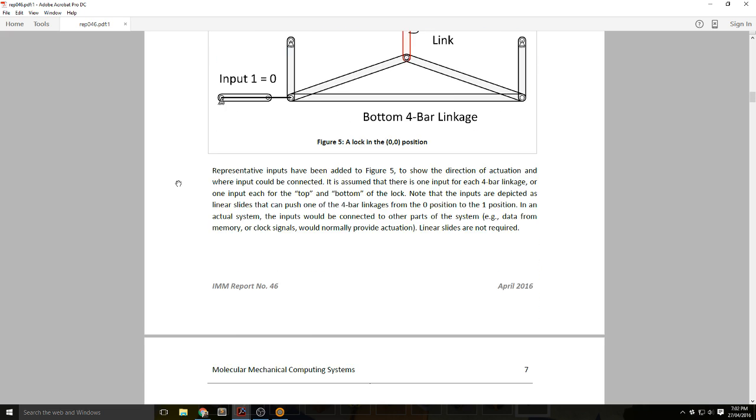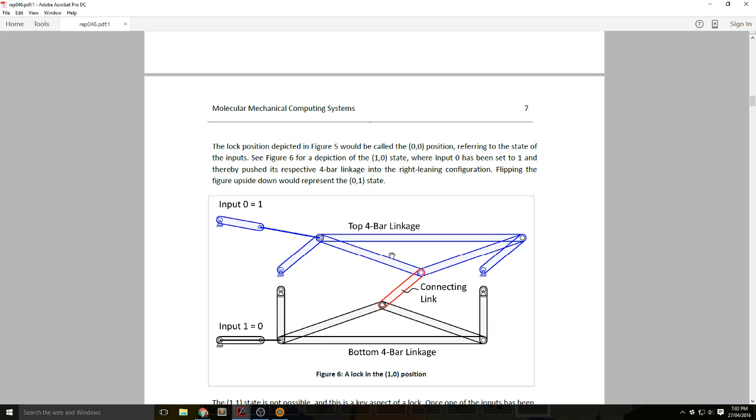Because the whole point of the exercise is that this is in the 0, 0 position. And then we have that go to the 0, 1 position. And so the states of 0, 1 and 1, 0 are what we care about.